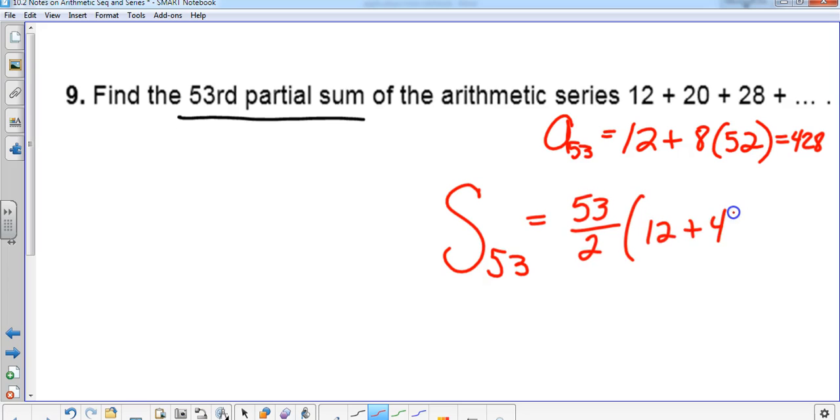Oh, for the last term? Yeah, 428. $11,660, maybe? Yep.